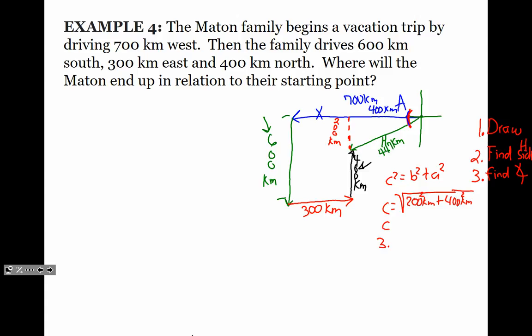Therefore, my 200 is my opposite. So it is important on this particular step that we do not get O and A confused. Okay, so let's go ahead and put that into number 3.